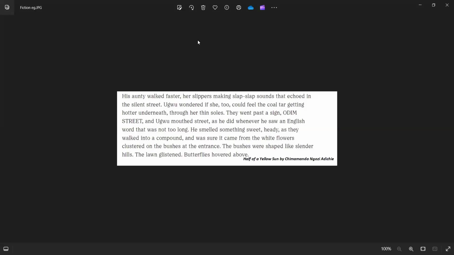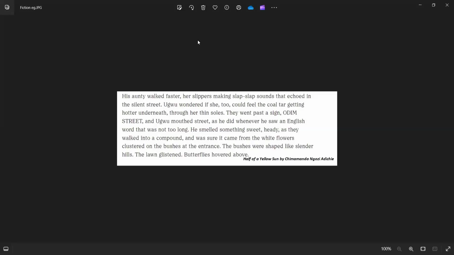And what type of language is used there? Would you expect to see that in a letter, in a newspaper report? So we've got what some people might call flowery or descriptive language.